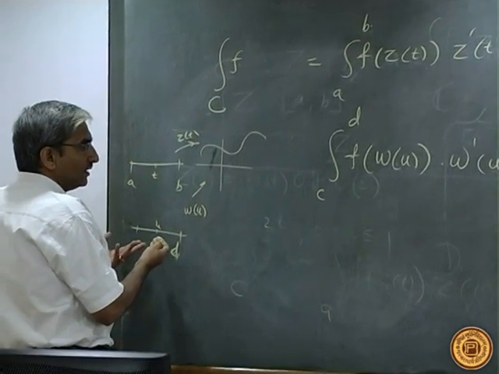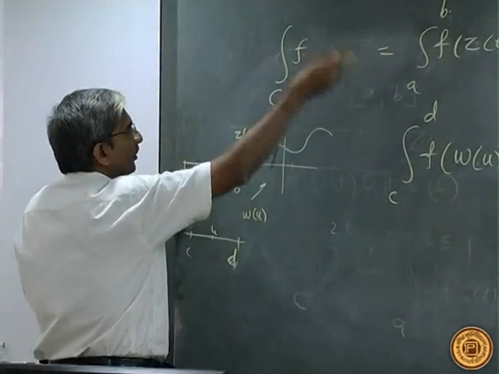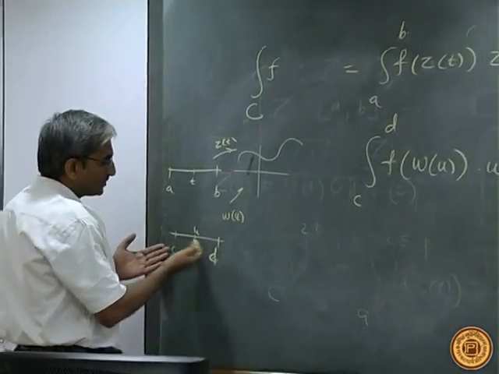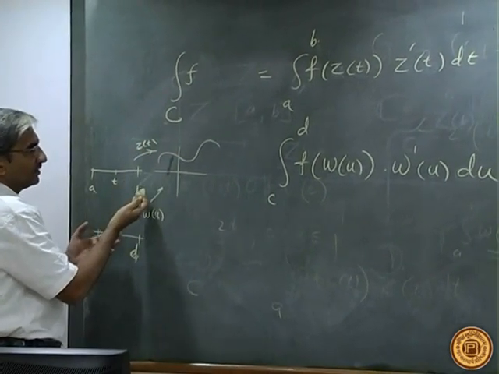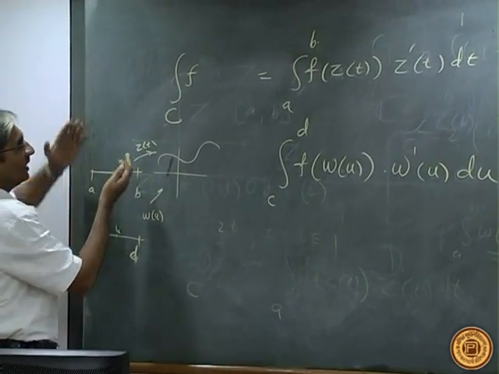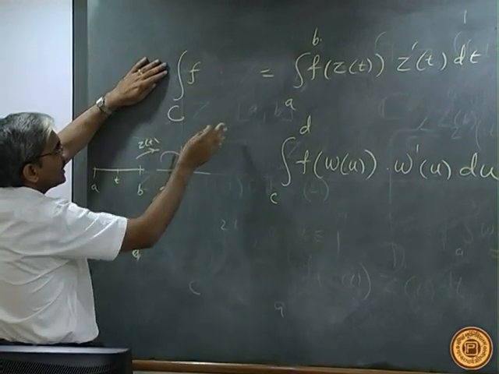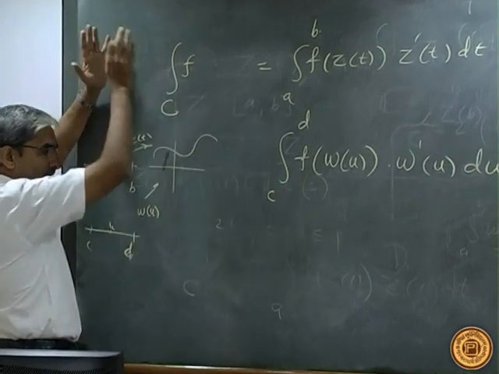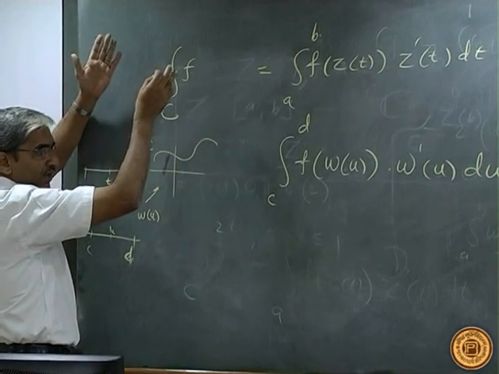The first person's integral will be on [a, b], and the other person's integral will be on [c, d]. Further, the functions z(t) and w(u) could be different. But in this contour integral, the function we want to integrate remains the same, and the contour remains the same.